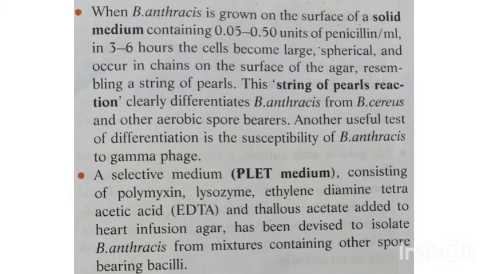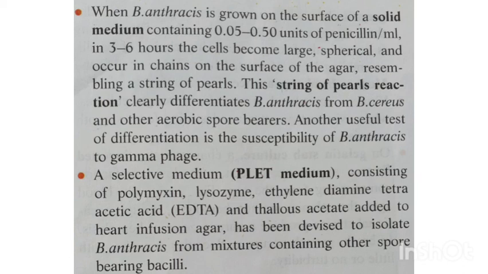Okay. Then, when Bacillus anthracis is grown on the surface of solid media containing 0.05 to 0.5 units of penicillin, they produce large spherical colonies, and these colonies occur in chains on the surface of the agar, resembling a string of pearls. Okay.